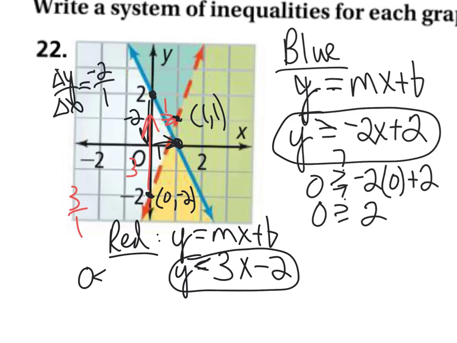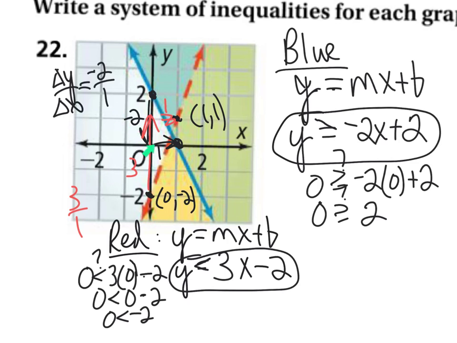If you try 0, 0, you'll get 0 is less than negative 2. 0 is not less than negative 2. So 0, 0 does not work. So here's 0, 0. Here's our red line.